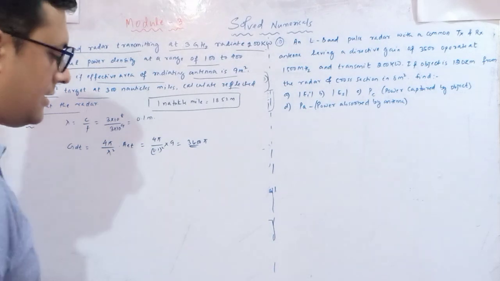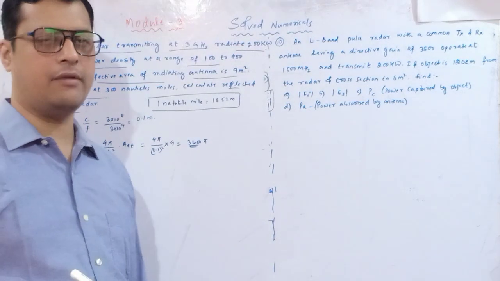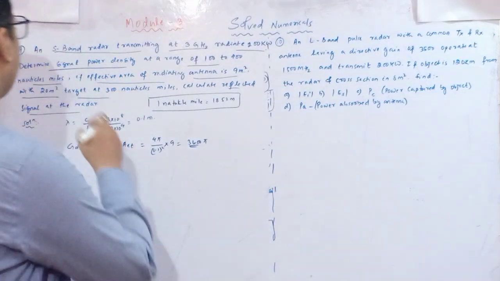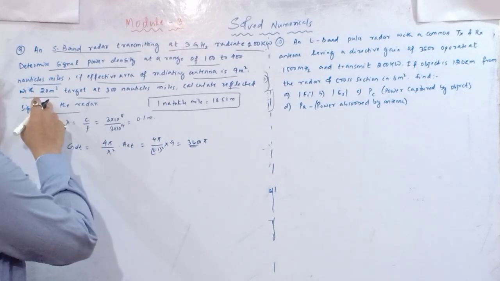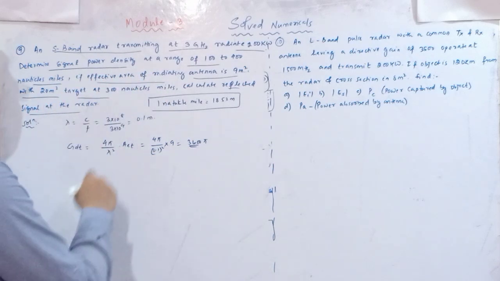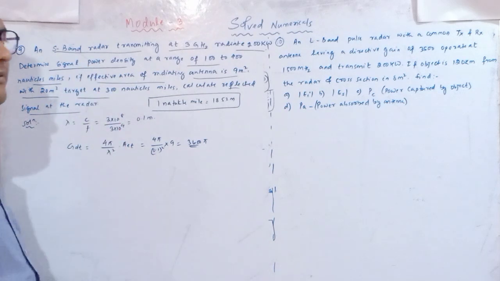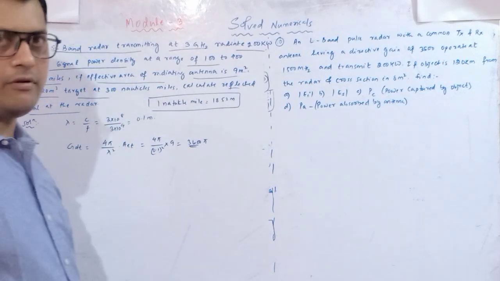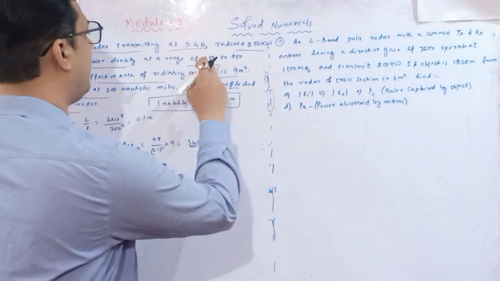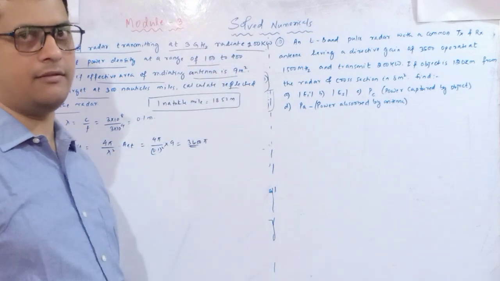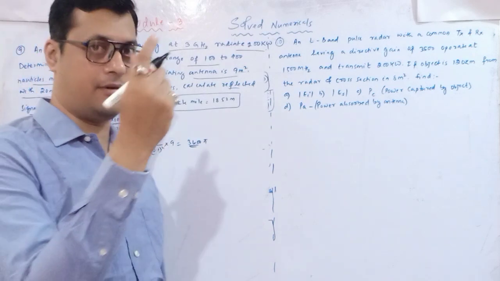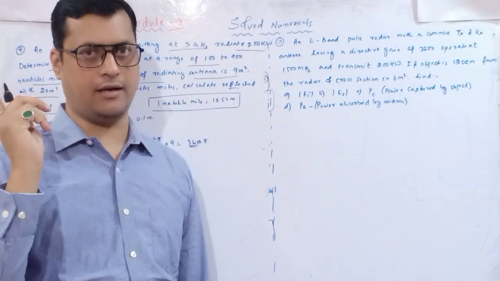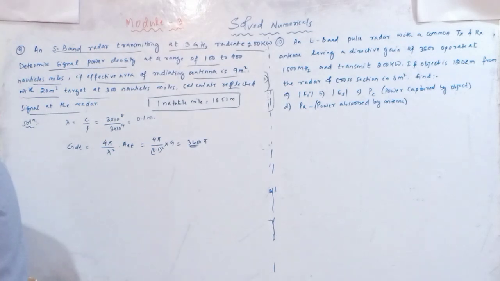Now this GDT is known. Now we have to determine the effective area for the radiating, and the target is around 20 meters square at 300 nautical miles. Here we have to determine the signal power density S for a particular range of 100 to 400 nautical miles. How to determine that power density? Power received divided by the effective area. Okay, so that we are going to determine.